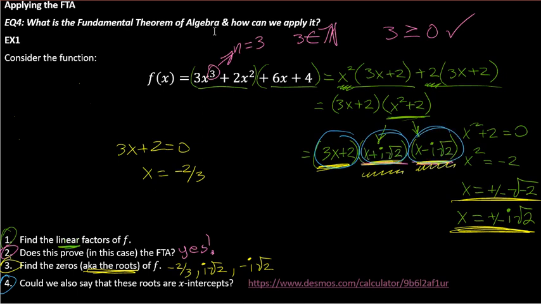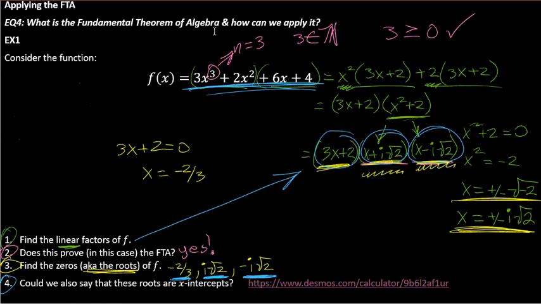Those are our 3 linear factors of the original polynomial. Those 3 factors give us 3 different roots. The real root of negative 2/3, that's 1 root. The complex roots of i square root of 2 and of negative i square root of 2 are your second and third roots.